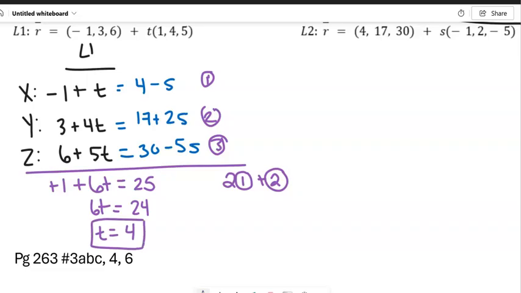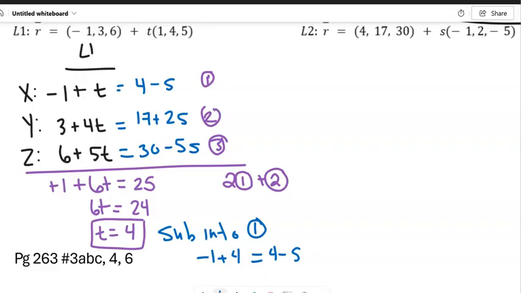Okay, now that I have that, I'm going to take this information and sub this into a line. Doesn't matter which line. Okay, I'll sub it into line 1 because line 1 is simple. So negative 1 plus 4 equals 4 minus s.